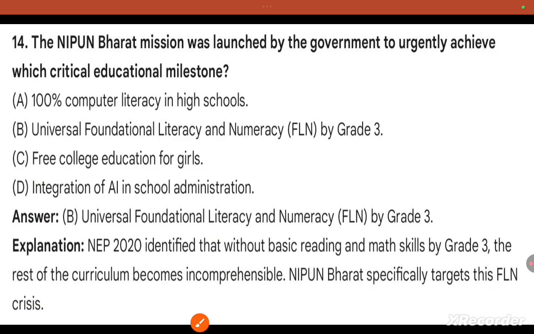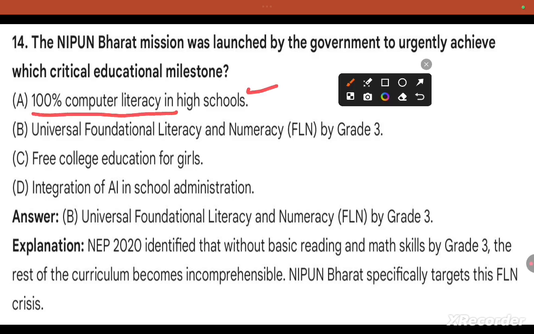Question number 14. The Nipun Bharat Mission was launched by the government to urgently achieve which critical educational milestone? A. 100% computer literacy in high schools, B. universal foundational literacy and numeracy, FLN, by grade 3, C. free college education for girls, D. integration of AI in school administration.